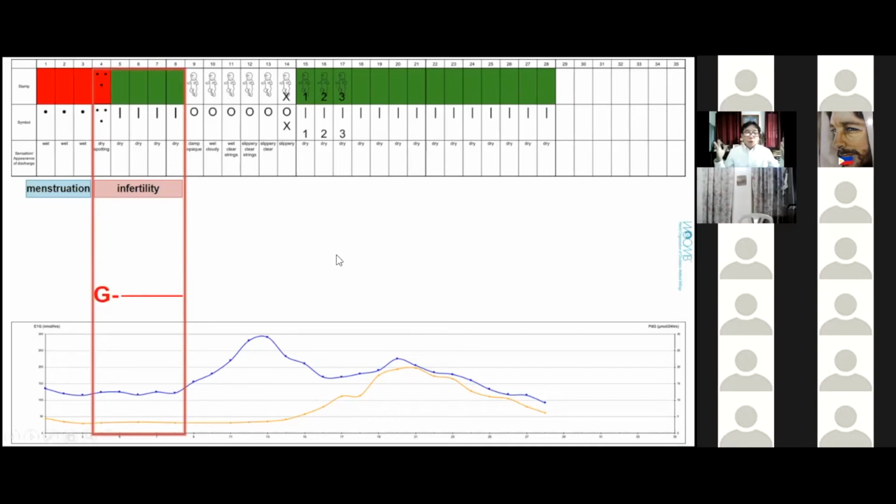The G plug mucus completely closes the cervix during the days of the BIP. G minus begins to appear on day 4, with dry spotting until day 8, the last day of the BIP. Baseline for estradiol or estrogen.